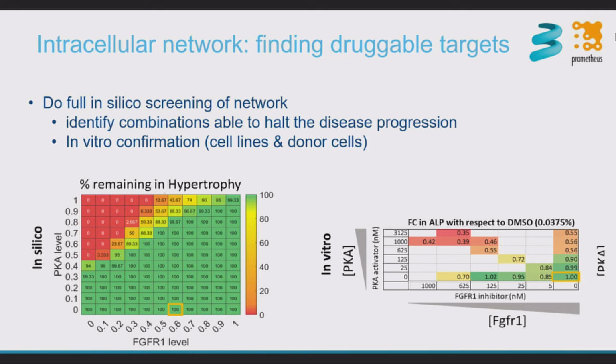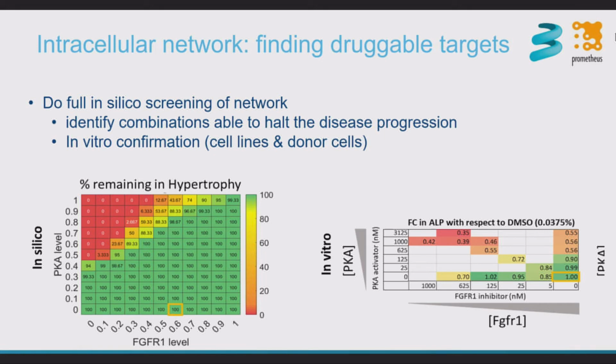That was what we were testing. And what you see here on the left-hand side is such an in silico screen of two factors, where for each of the factors, we can look at having that factor there at a level between 0 and 1. And you see that for a specific combination in the red zone, these cells will actually stop becoming diseased cells.